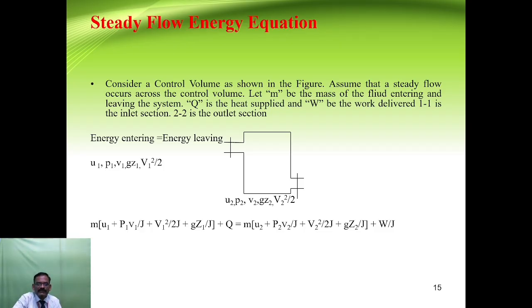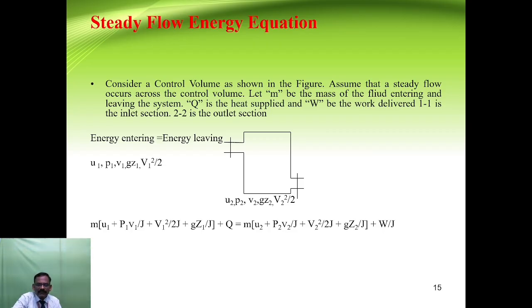As per this equation, based upon the condition that energy entering is equal to total energy leaving, we arrive at the equation: the summation of internal energy, flow work, kinetic energy, potential energy and heat input is equal to the summation of the total energy at exit, or total energy leaving.